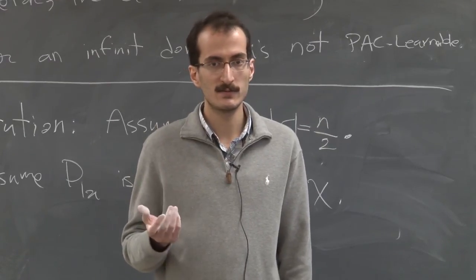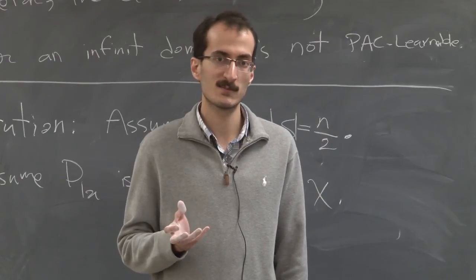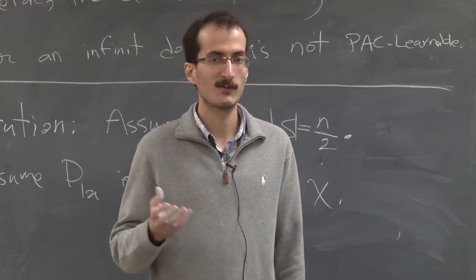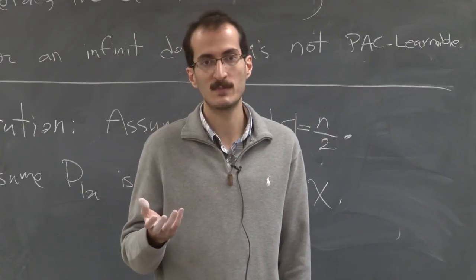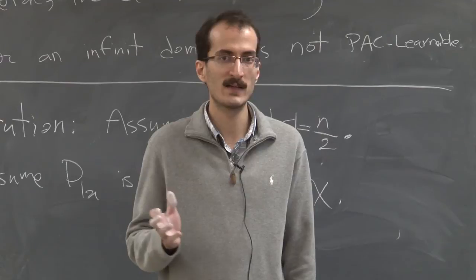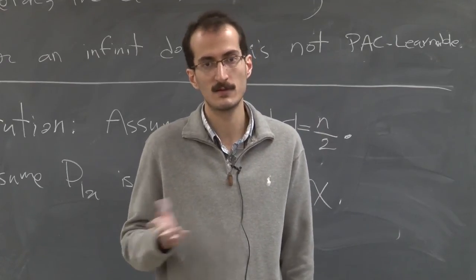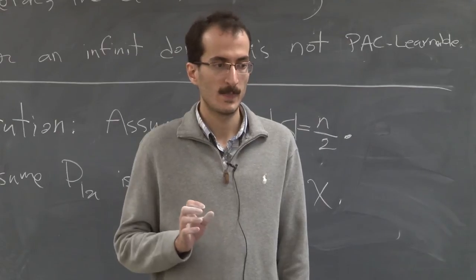If you learn a classifier on that, the hypothesis is the one that outputs 1 or the one that outputs 0, I mean head or tail. But no matter whether it says head or tail, 50% of the time it's wrong, 50% right.